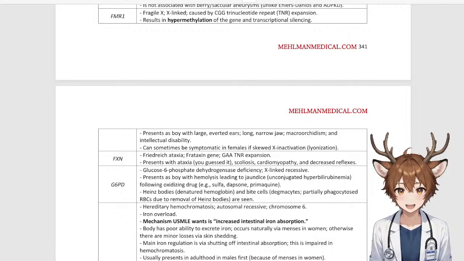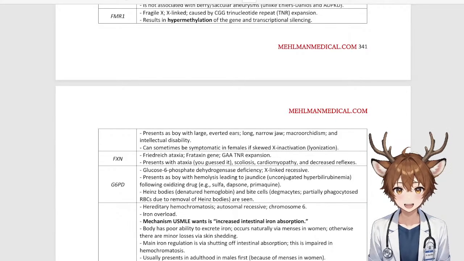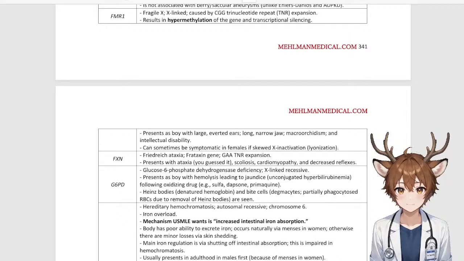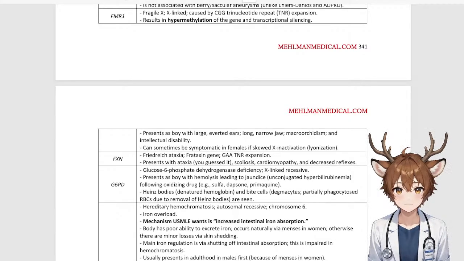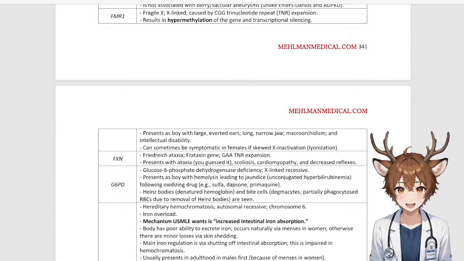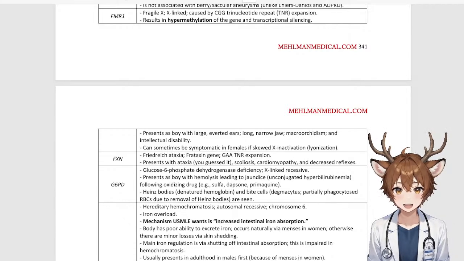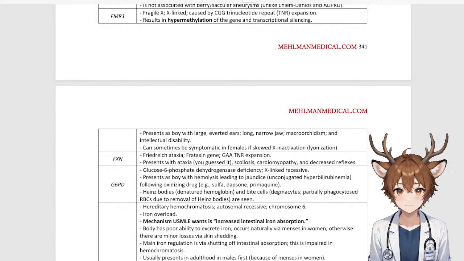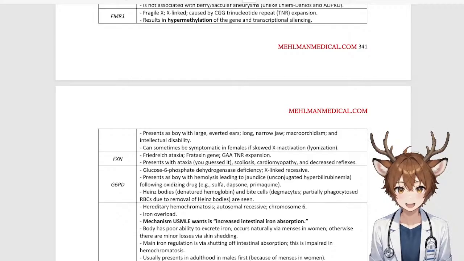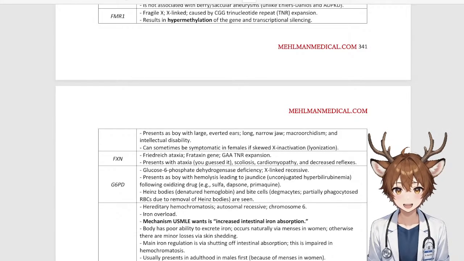Can sometimes be symptomatic in females if skewed X inactivation or lyonization. Okay, so it's going to present in boys because they only have one X chromosome, but in females it will be maybe not as pronounced, but it can be symptomatic potentially.